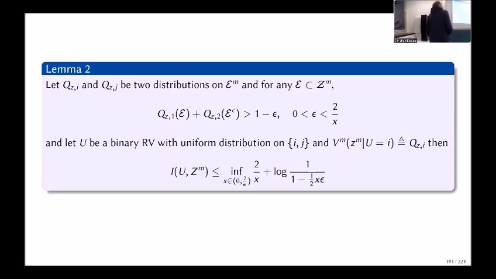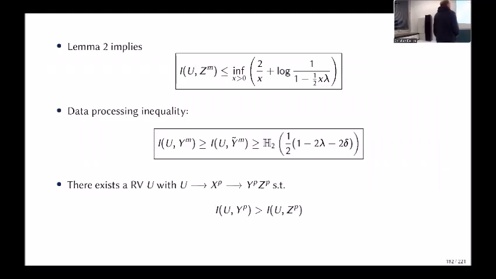And if U is a random variable, then we can do the estimation in the other direction, so that the mutual information between U and Z^n is less or equal than the infimum of all x between 0 and 1 minus 2 over epsilon of q over x plus log of 1 over 1 minus x times epsilon.